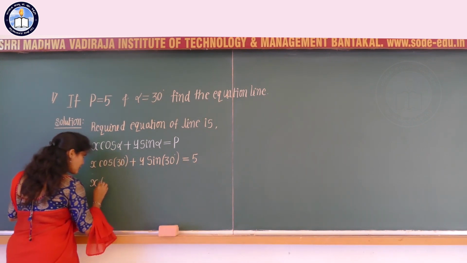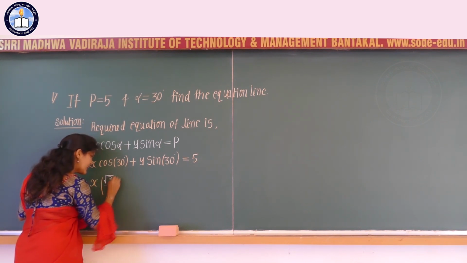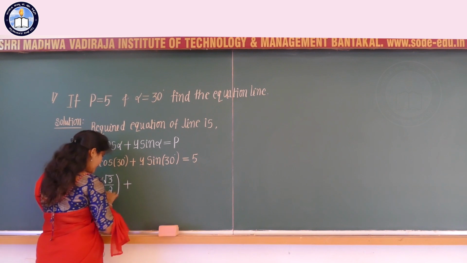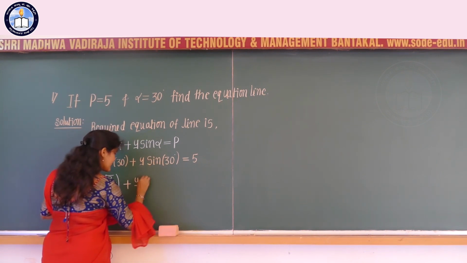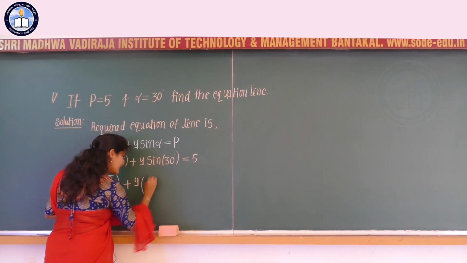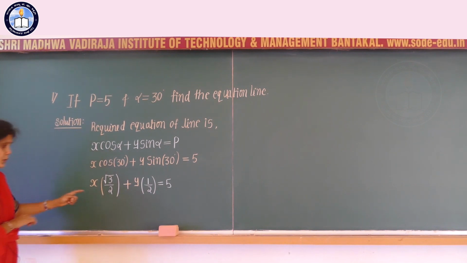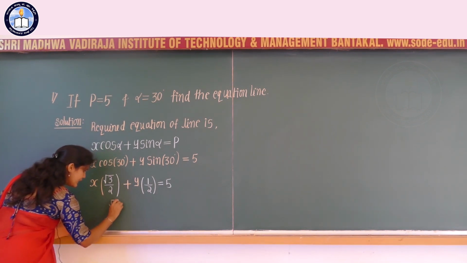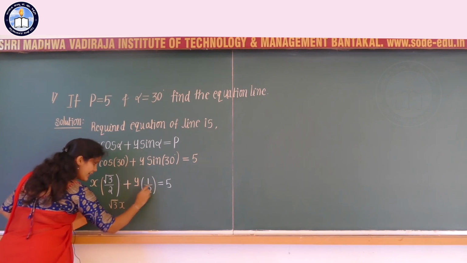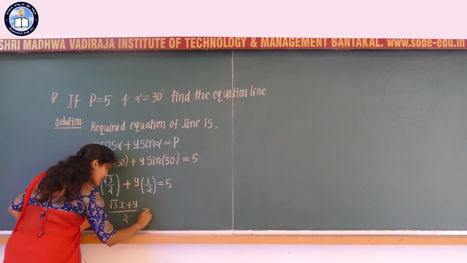So here I can substitute cos 30 degree, that is root 3 divided by 2, plus y into sin 30 degree, that is 1 divided by 2, is equal to the constant pi, or I can write it as root 3 into x plus y into 1, that is y, whole divided by 2 is equal to pi.